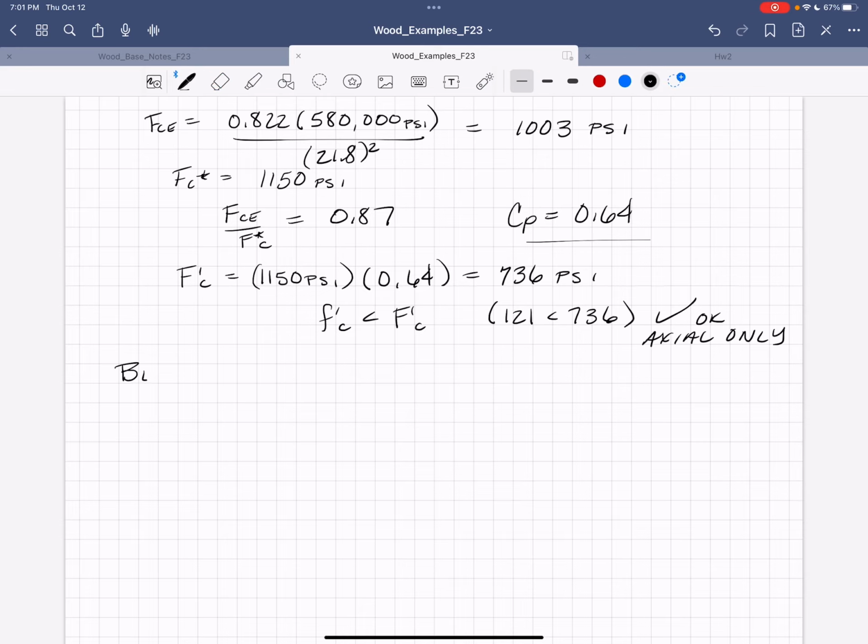Okay, so let's look at bending only. Our demand side, now we're looking at wind. Let's look at load combination 5 for this one, and that is dead load plus 0.6 wind load.